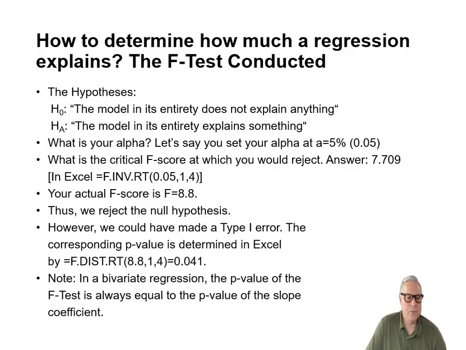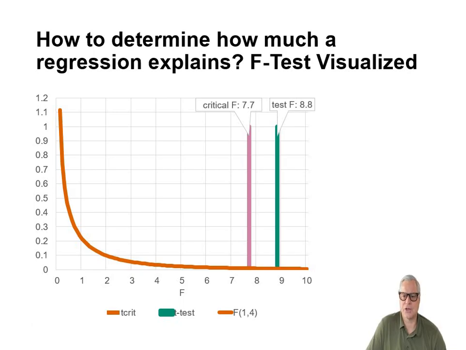So let's take a look at the actual F-test. We can see our critical F was roughly 7.7. That means to the right of 7.7 we have underneath the F distribution a 5% probability mass, even though we can barely see it.